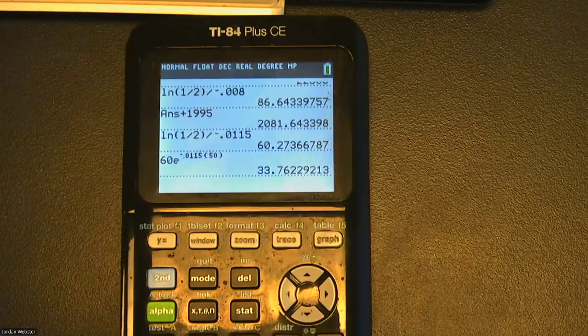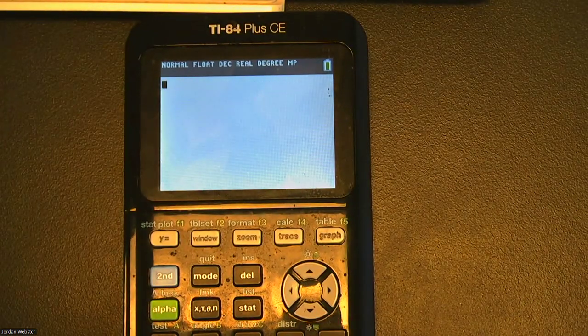I'll type it into the calculator. So if I take 1/2 raised to the power 1 over 60.27, remember that's a rounded number, 60.27, I get that.